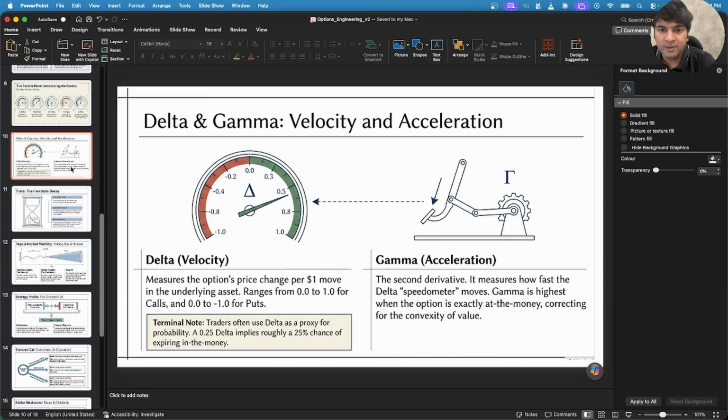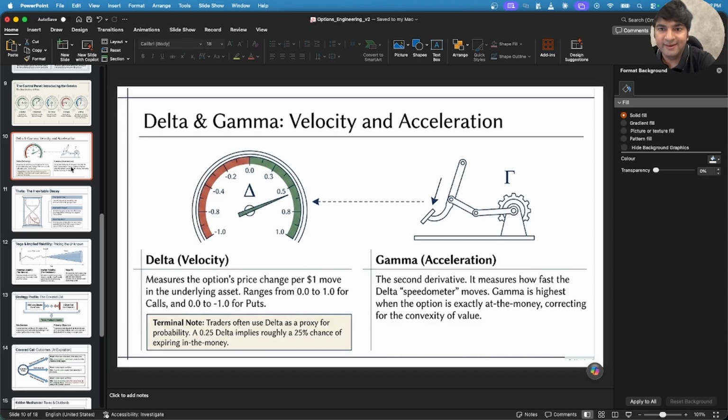Traders usually use delta as a proxy for probability. A 0.25 delta is a 25% chance of moving into the expiry. So this is how delta moves, like an odometer for the car.